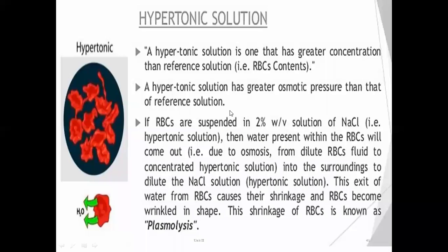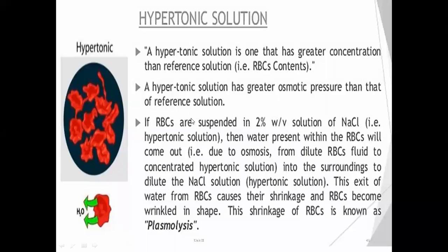And if we take an example, suppose we suspend RBCs in a 2% w/v solution of sodium chloride. We know 0.9% sodium chloride solution is isotonic with the RBCs. Now we are exceeding the concentration of sodium chloride solution, to about 2%.